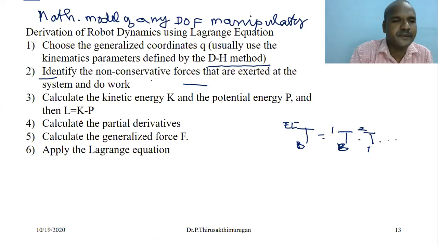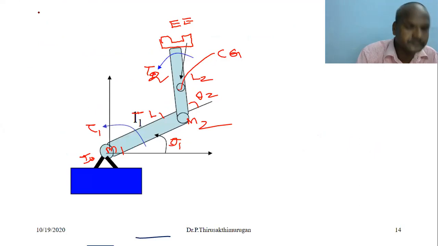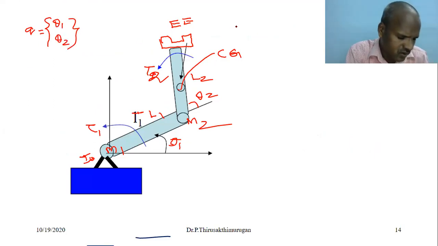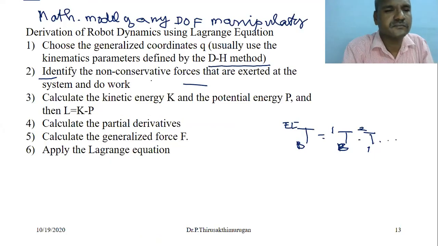As per this, choose the generalized coordinates. What are the coordinates? Q equal to theta 1, theta 2. This is the generalized coordinate. Next, what is the next point?